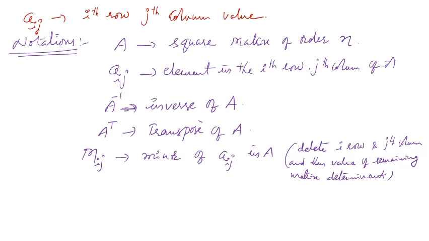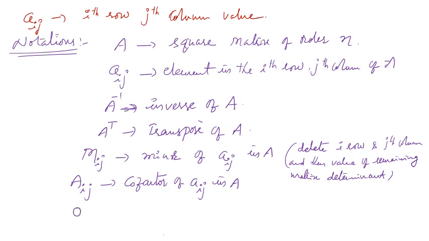Next one, capital Aij. Capital Aij stands for cofactor of Aij in A. That means this determinant is multiplied by small aij.